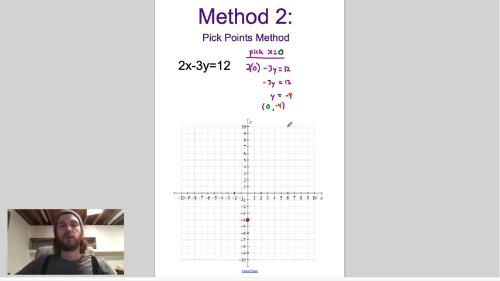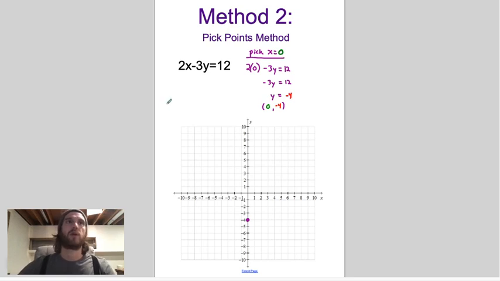A little trick someone showed me: if you pick 0, it's basically just eliminating that term. So you can just picture the equation without the x term if you're plugging in 0. And if you plug in x equals 0, that is our y-intercept.